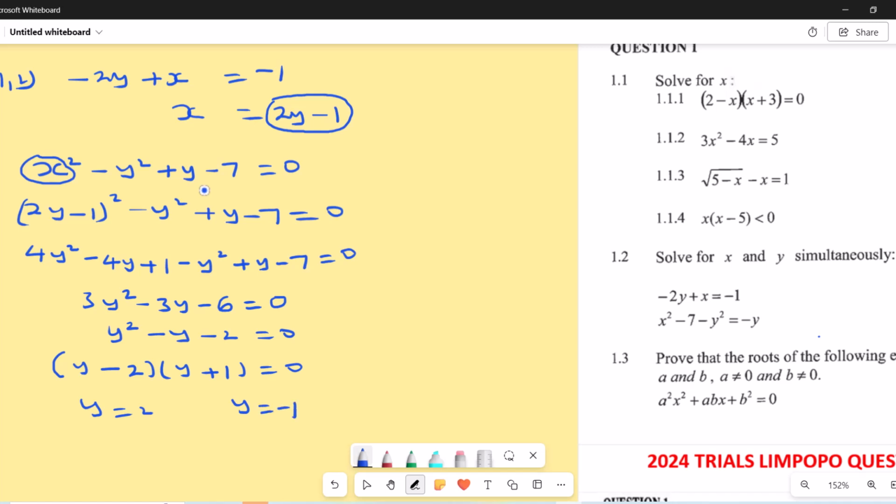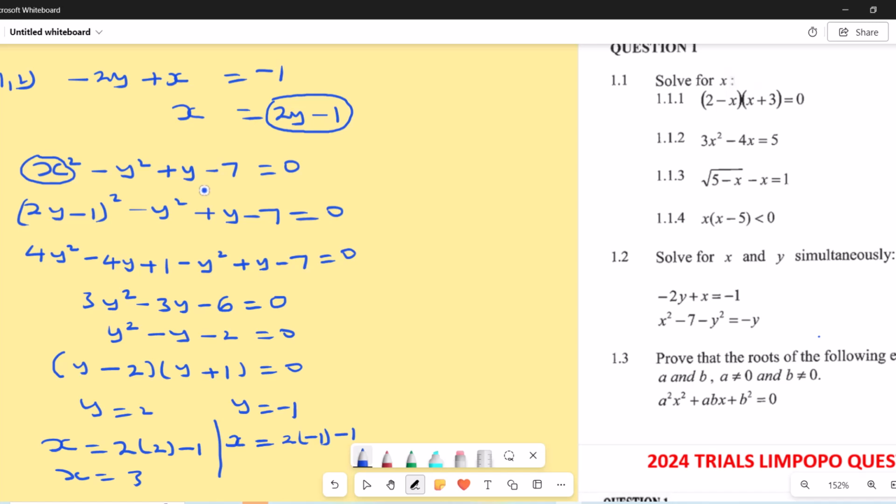In this case, we had x equals 2y minus 1. With y equal to 2, then minus 1, it gives x as 2 times 2, that is 4, minus 1, which gives us 3. What about here? We're going to have x equals 2 times y, that's 2 times negative 1, and then minus 1.